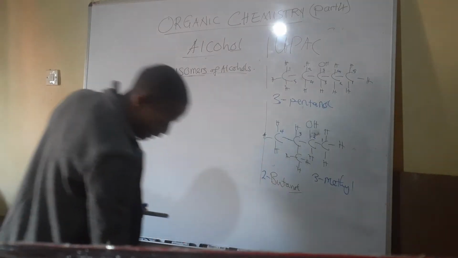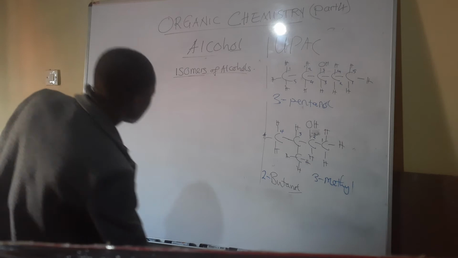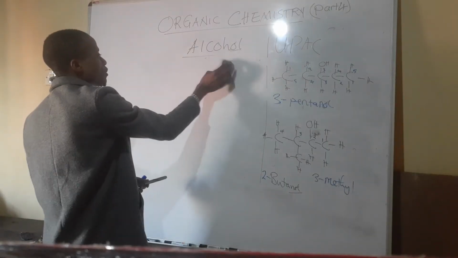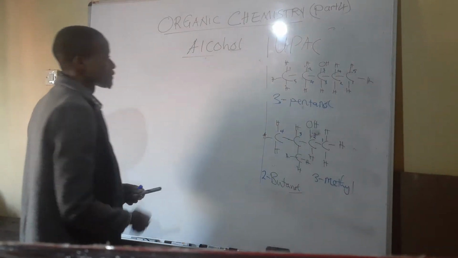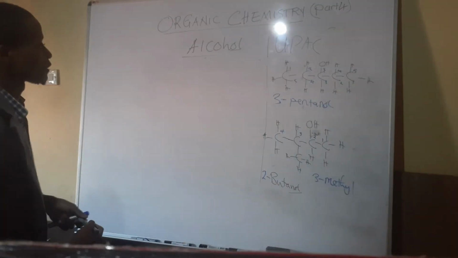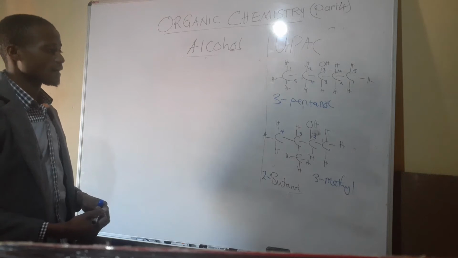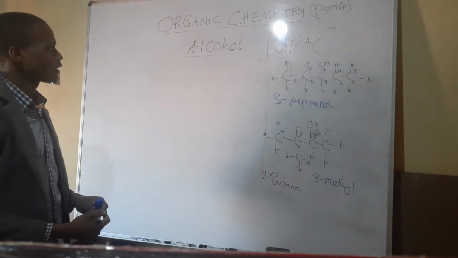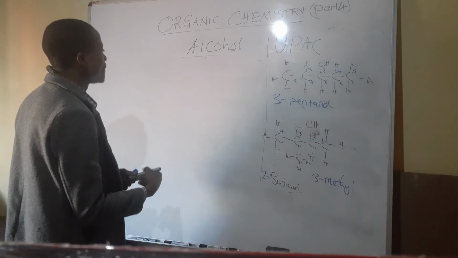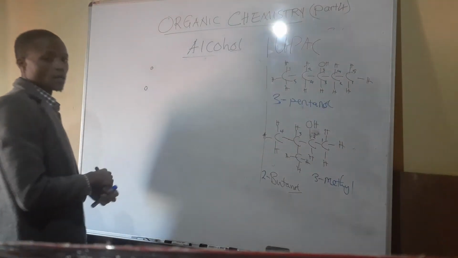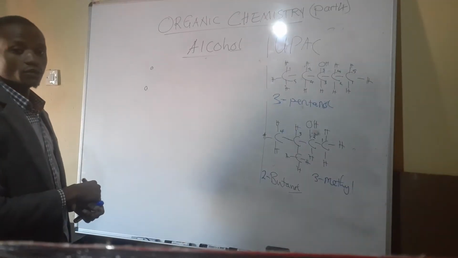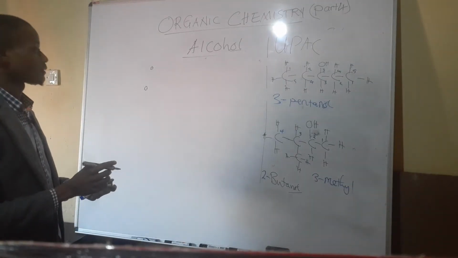Now, when you know the isomers, you have to know that alcohols do not naturally occur in crude oil. We're going to do a video on crude oil. Alcohols are not naturally occurring in crude oil like the alkanes and alkenes. These are just made. There are 2 major methods of making alcohols. One, alcohols are made from hydration of alkenes. In the previous video we talked about hydration of alkenes.